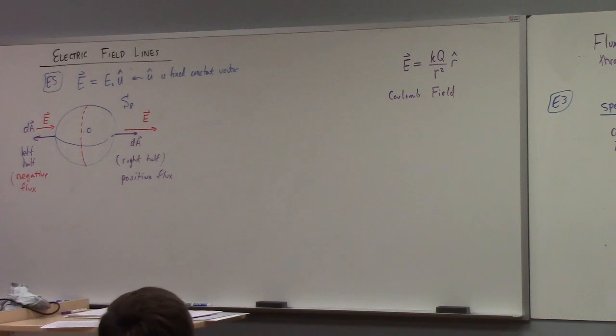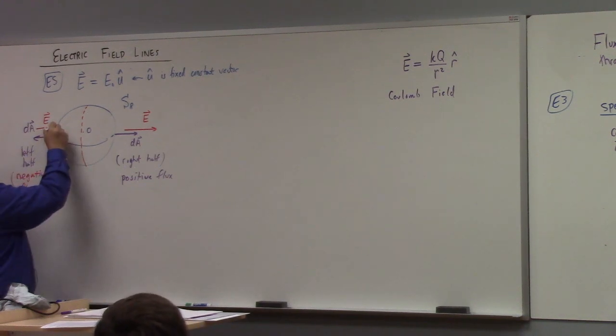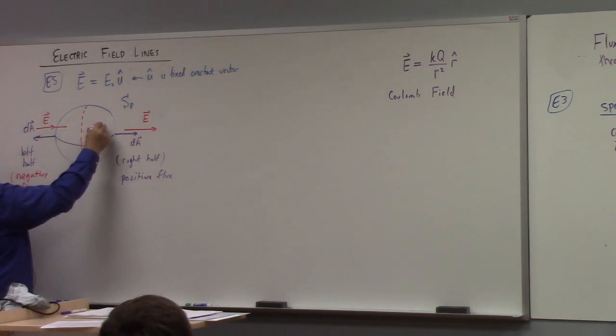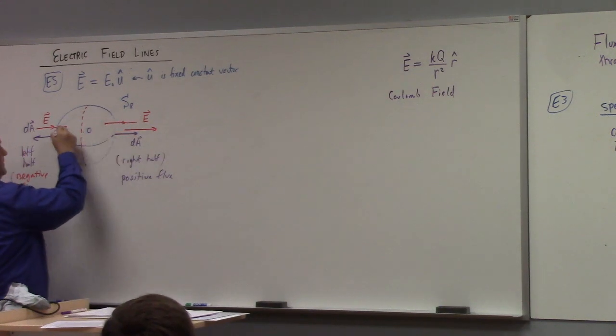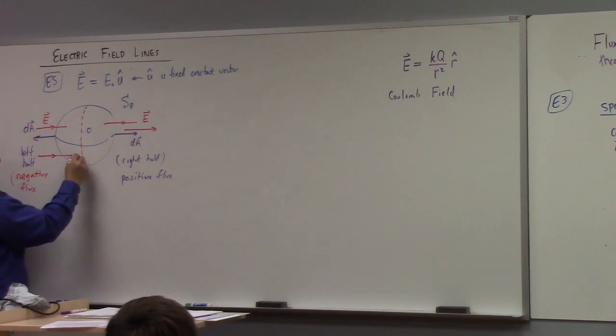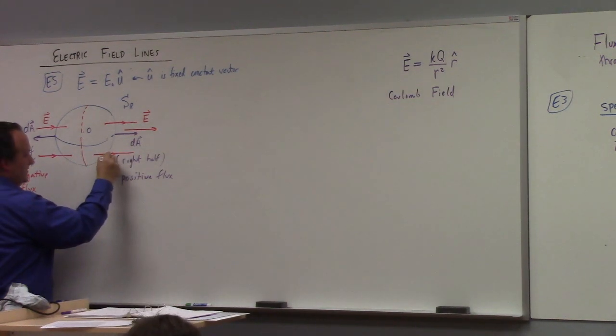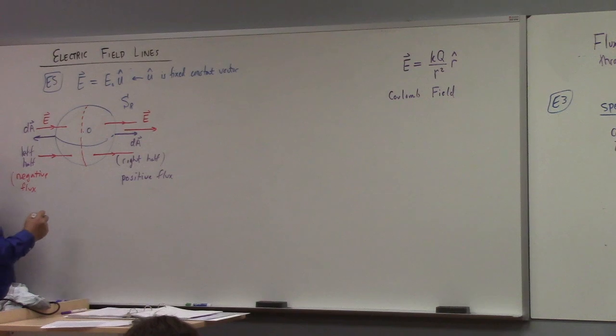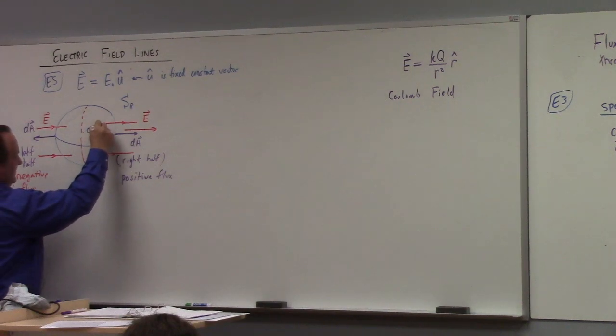More to the point, if you want to envision it, every field line that comes in on this side comes back out over here on this side. If it comes in here like so, it comes back out over here. You guys have all seen it.